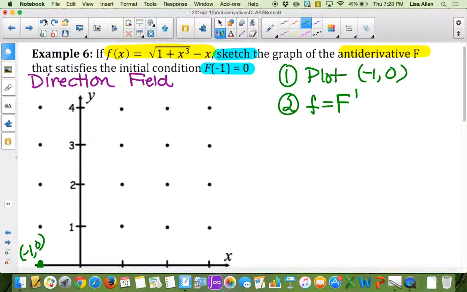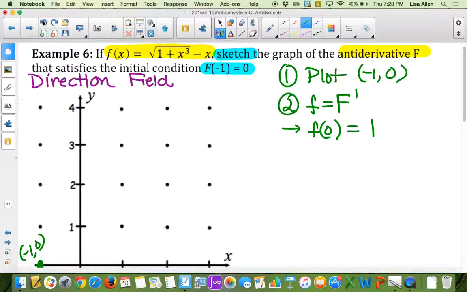So if we look at f of 0, in this case, if we do the calculations, the slope will equal 1. I'll leave that to you to plug into this function. So we have f of 0 is equal to 1.